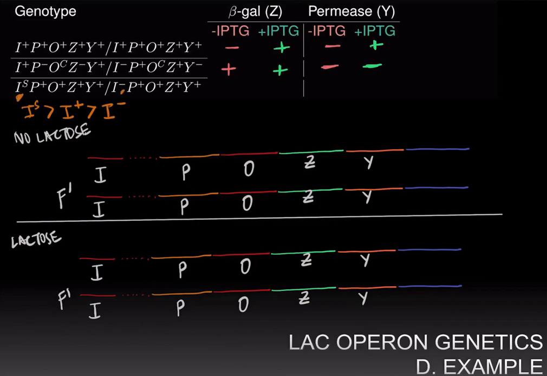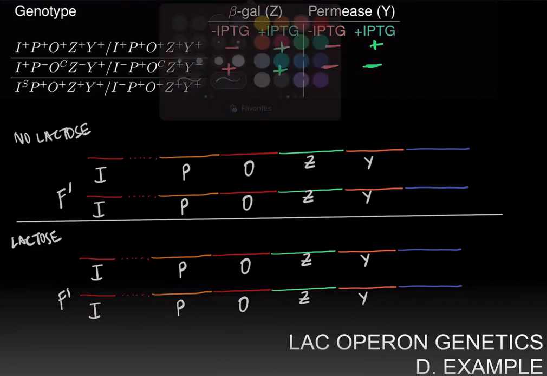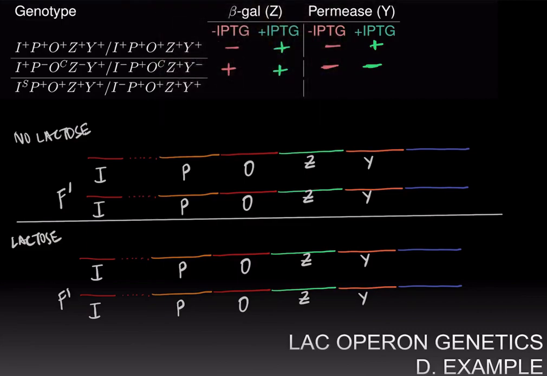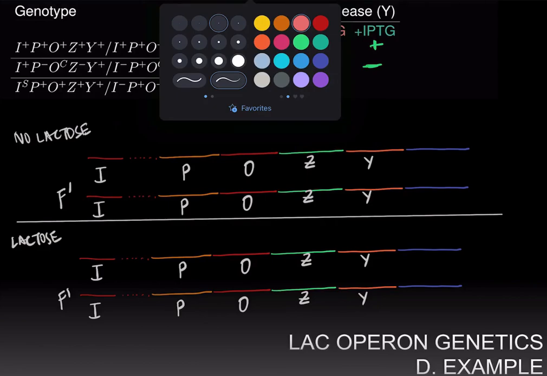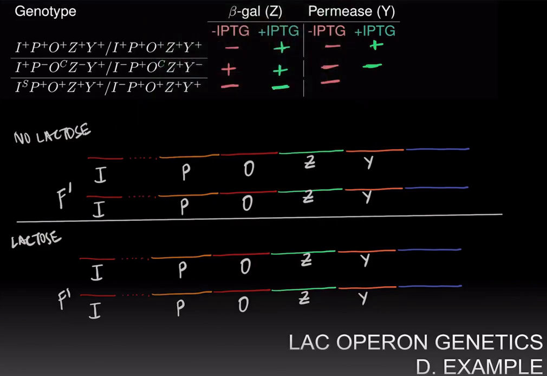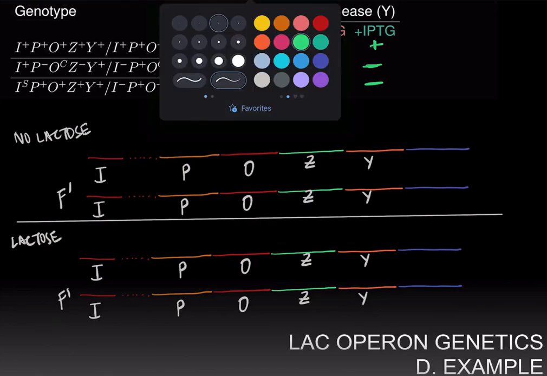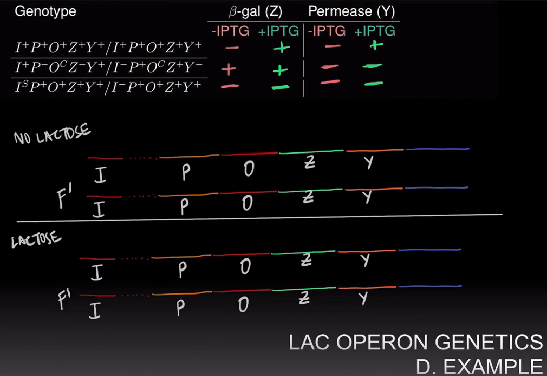And therefore, with this reasoning that IS is dominant and it acts in trans, we should get super repression, and so we should not get any expression of beta gal or permease whether we have IPTG or not.